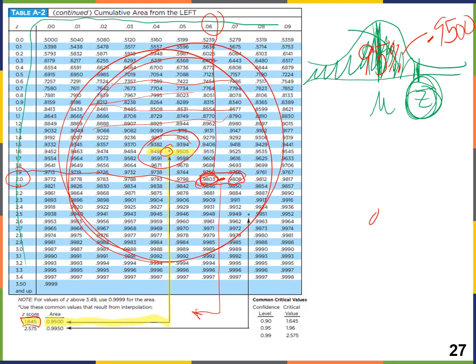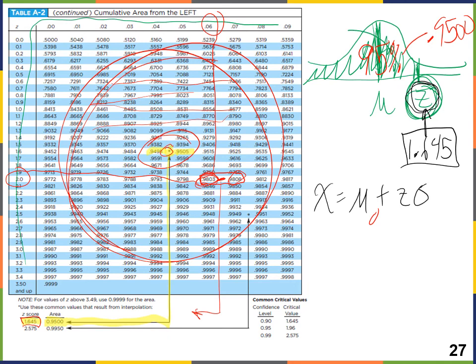We had this one, and we know that the z-score for this value right here is 1.645. Remember, that's the z-score. Now, I need to know what value in terms of the number of French fries is going to be sitting right there. Well, that's where we have x equals the mean plus z times the standard deviation, where we resolve that z-score formula. So we know the mean: the number of fries was 42.